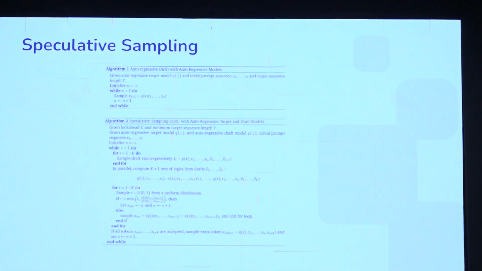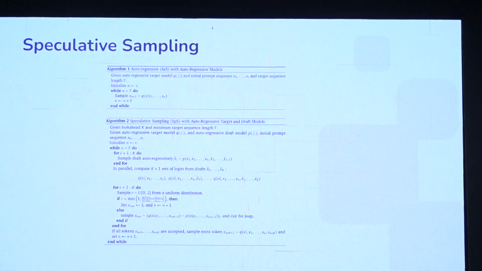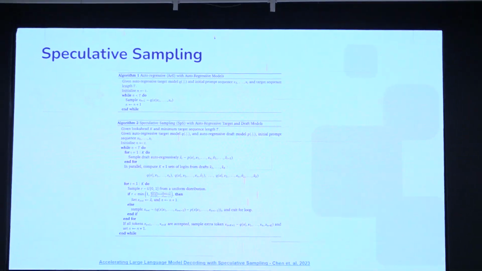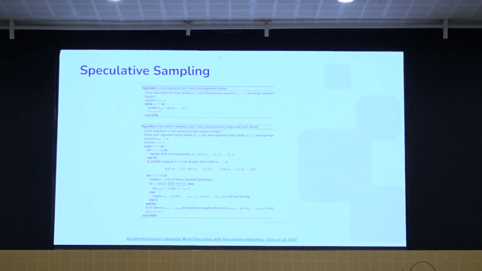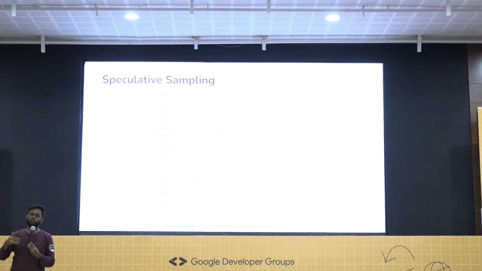It happens at a parallelized scale. This prompt is called the prefix, and the individual tokens that we generate are called the decoding stage. So the prefix stage is always faster.